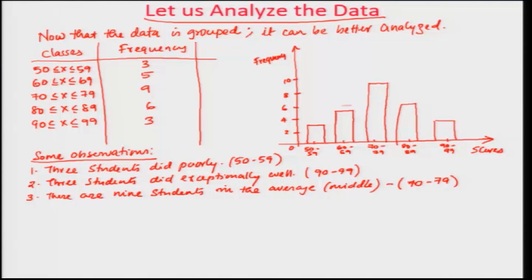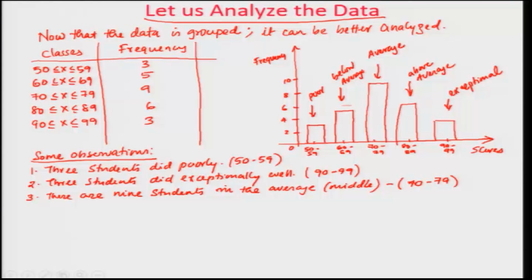If you look into this, it shows that if I say this is the average, this is exceptional, and this is poor, then this I can call above average, and this I can call below average.